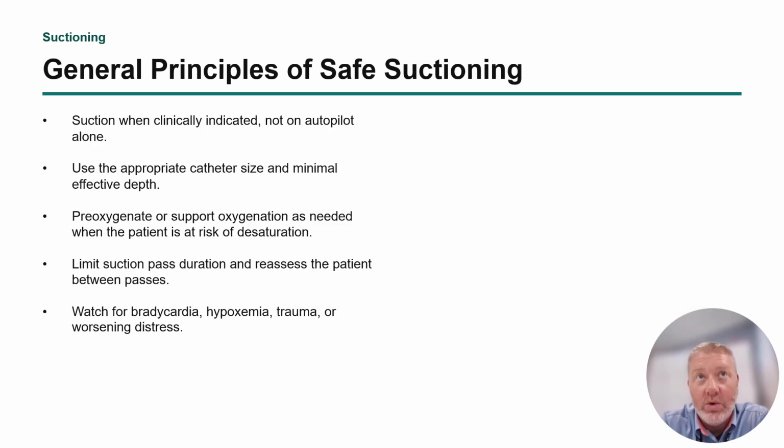Nope. Suction once, reassess, and then only suction again if necessary. And then always watch out, patient assessment wise, for any kind of bradycardia, if they desat, if you notice any trauma, like if you end up suctioning a bunch of blood, did you hit something, worsening distress, and things like that.